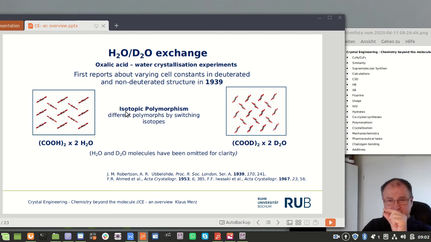Has this tiny substitution variation an impact on crystal structure? And we have seen it's possible, and it's known since a long time. See it here, 39, long time ago.